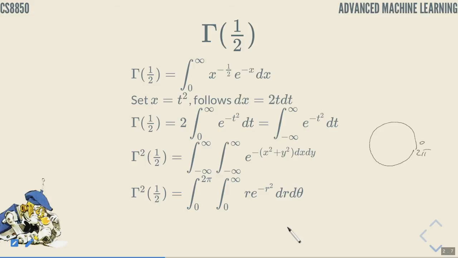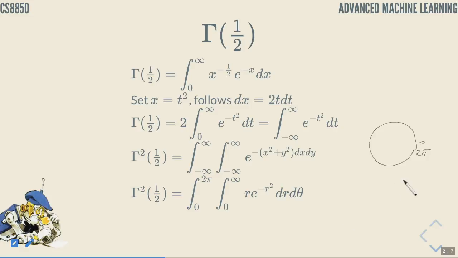Converting it to a polar coordinate system, we have turned this expression into r times e to the minus r squared. So the outer integral is easy to calculate, right?